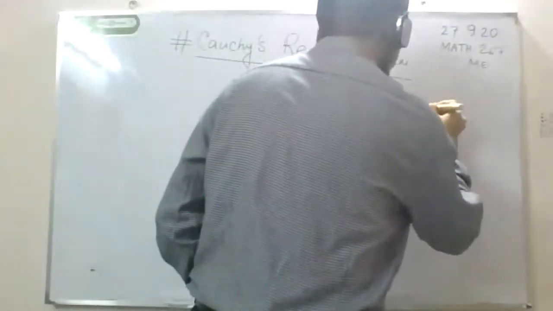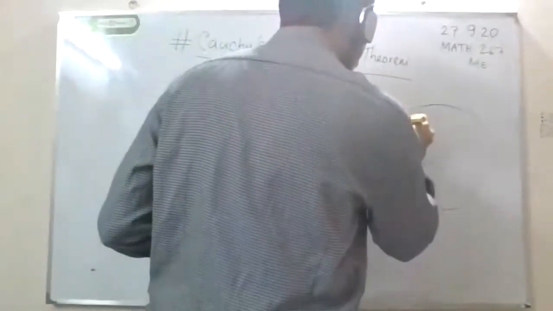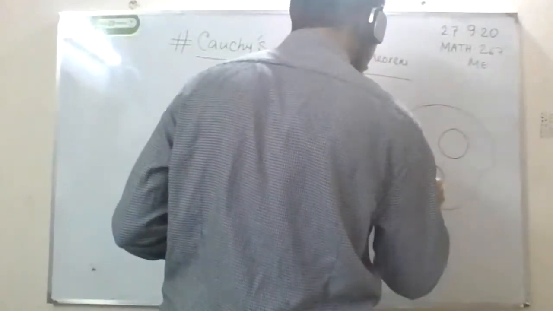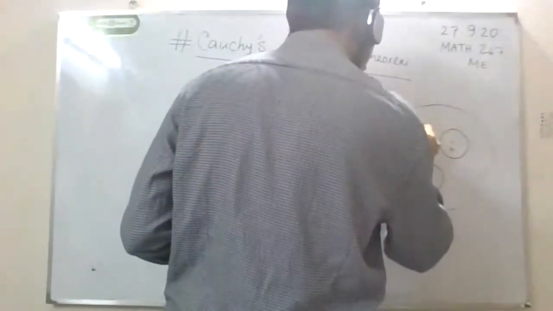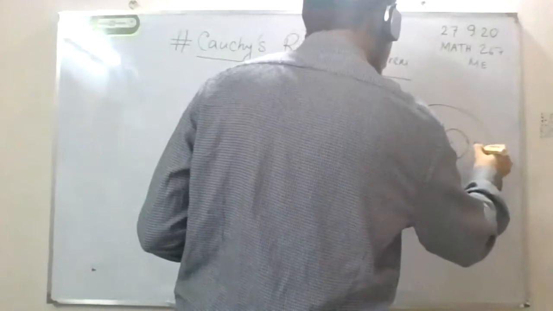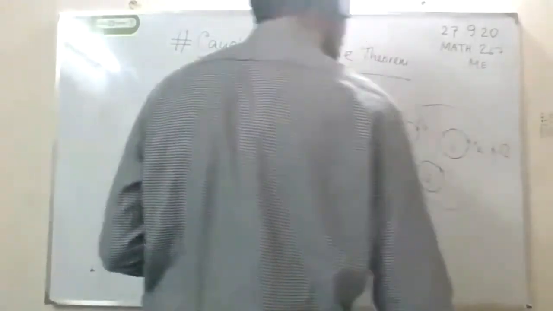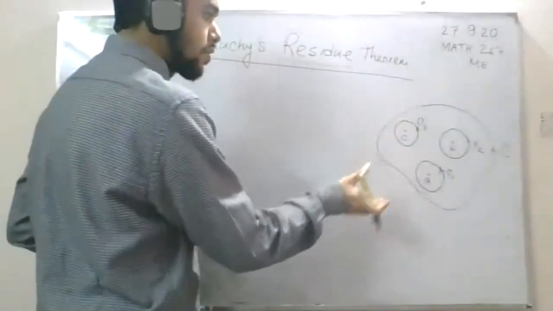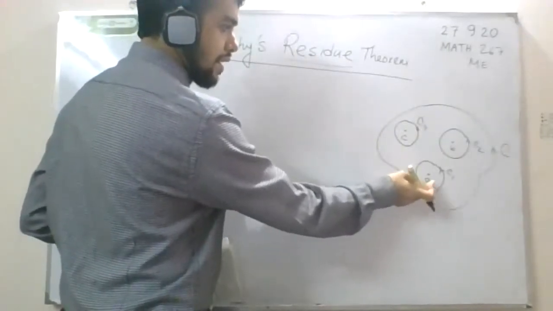Just take a look here. Those are capital C. This is our simple closed curve, and there are some circles where the points are given, which are a, b, and also c.